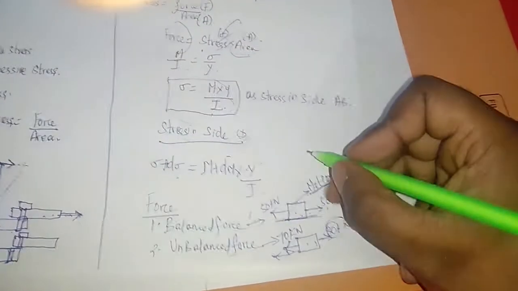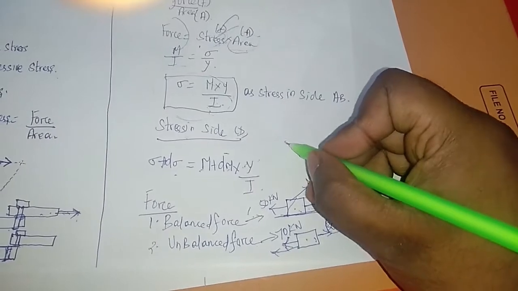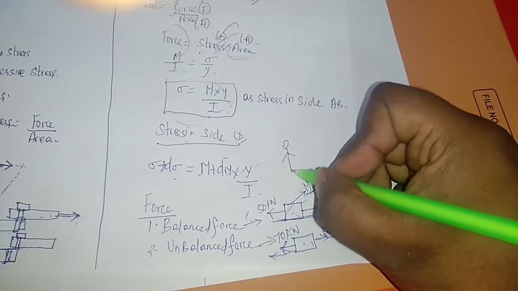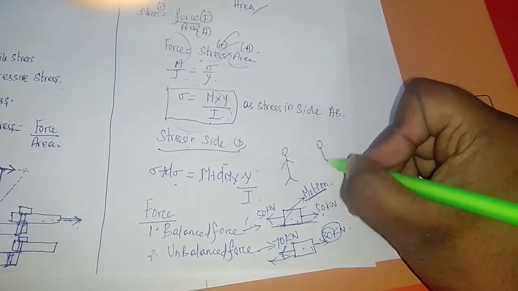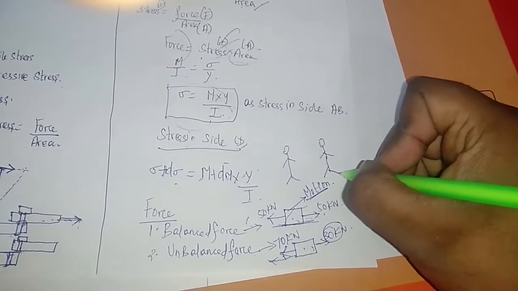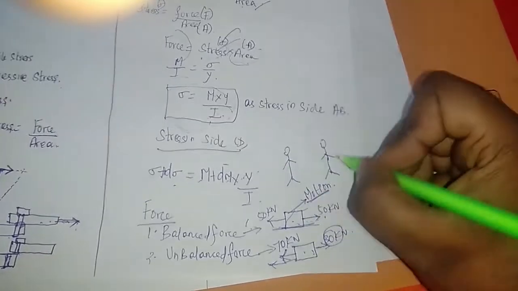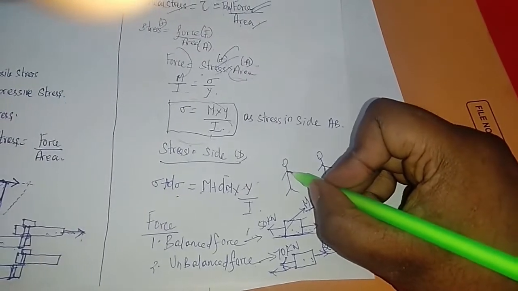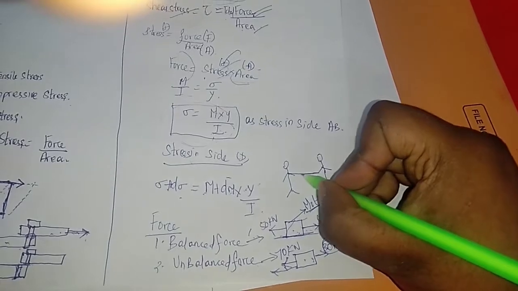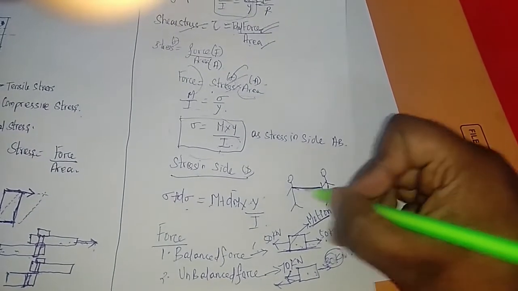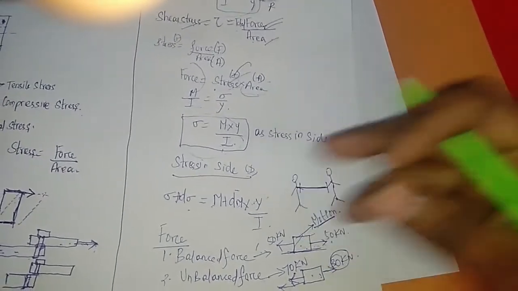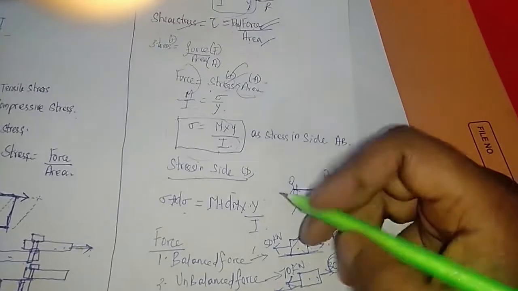So I can give you more examples, like two men standing opposite to each other. Okay, they are pulling a rope in opposite directions to each other. So what will happen?